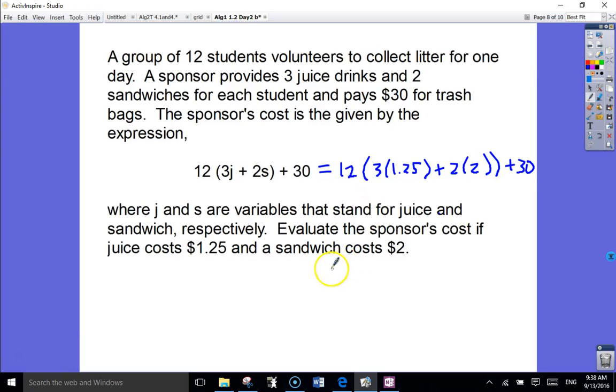So this is 12 times, what is 3 times 1.25? 3.75, right? And 2 times 2 is 4. We got that one. Plus 30. So that's 12 times 3.75 plus 4. 7.75.